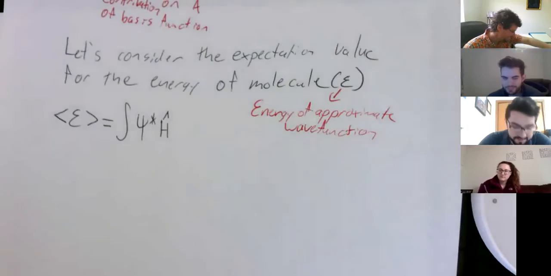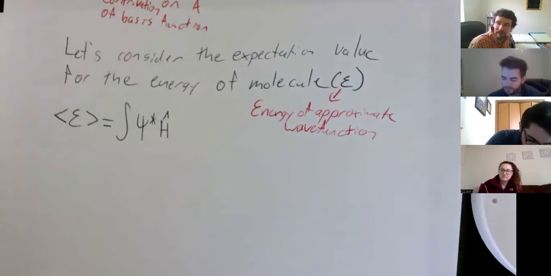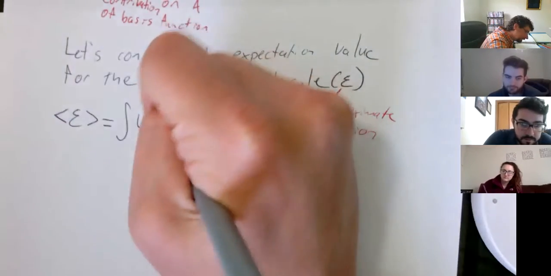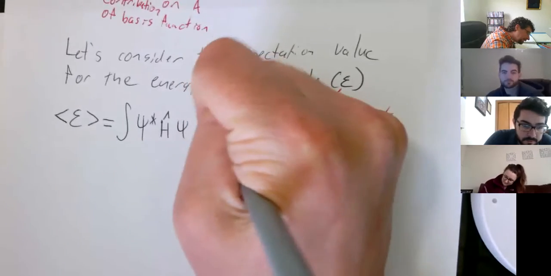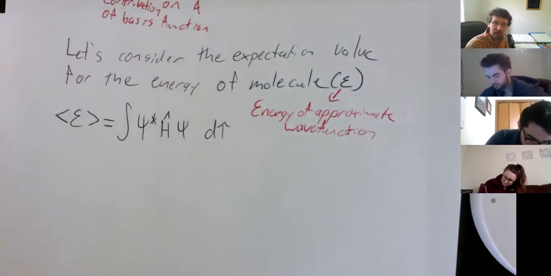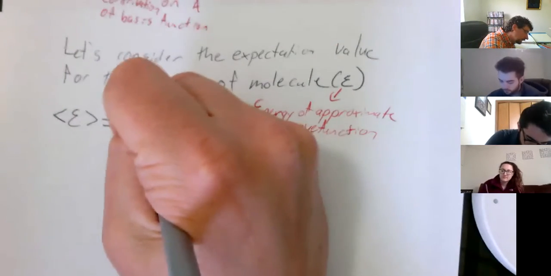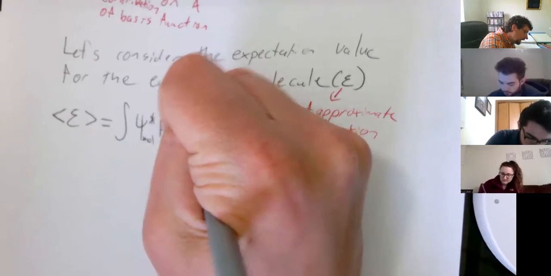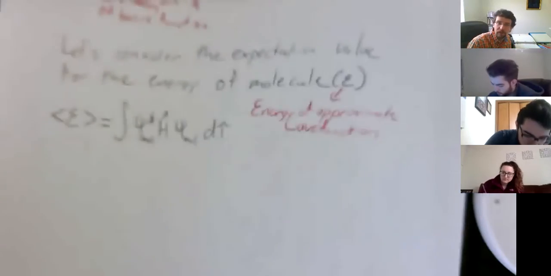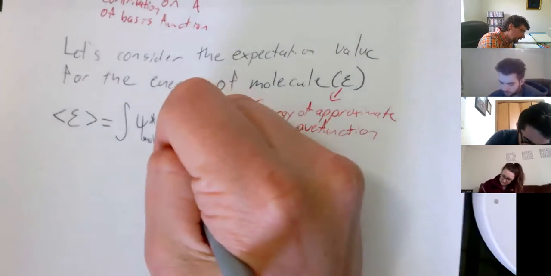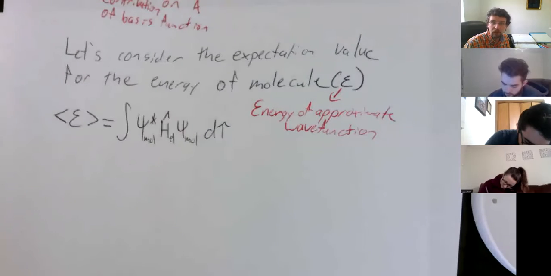We're just going to say H hat. And then we need psi and d tau. So now we're looking at our molecule, and we're going to go with the electronic Hamiltonian. That's generally how we've solved for expectation values in this class.